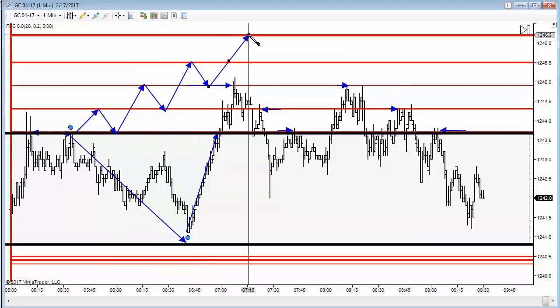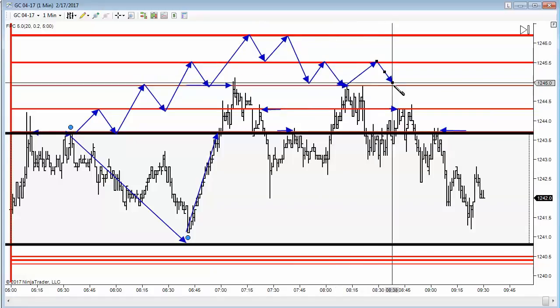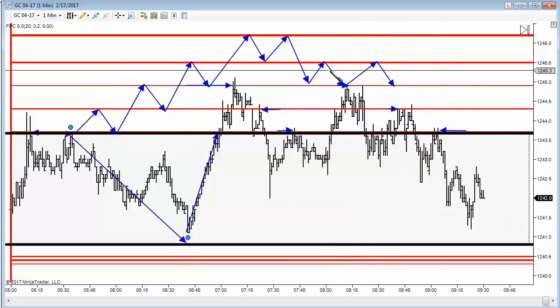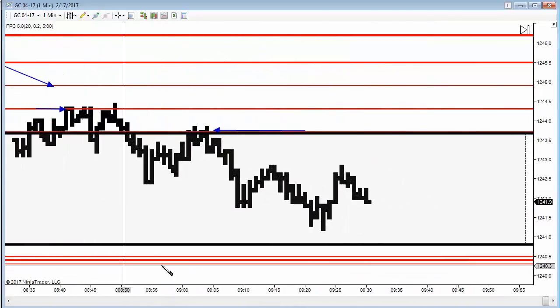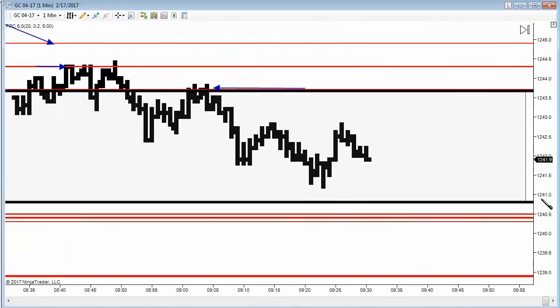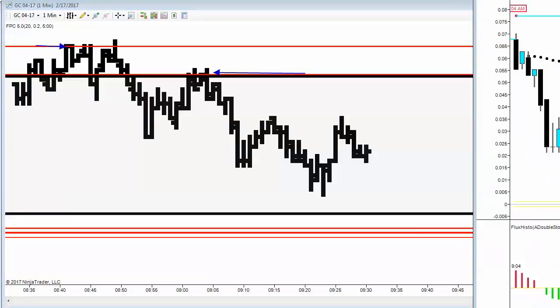Linda, this is where all of these bounces start to pop in. So when you have a number of lines in a short compressed area, we tend to get consolidation and chop. But when we have a signal over here, what time was that? 9 o'clock?